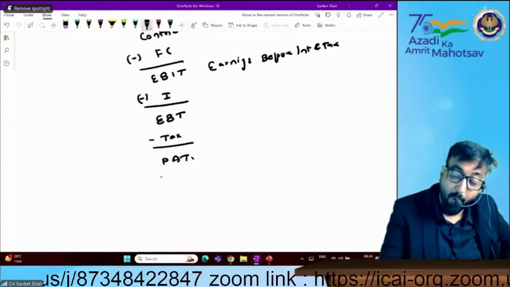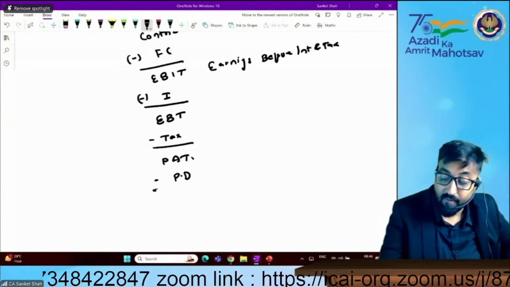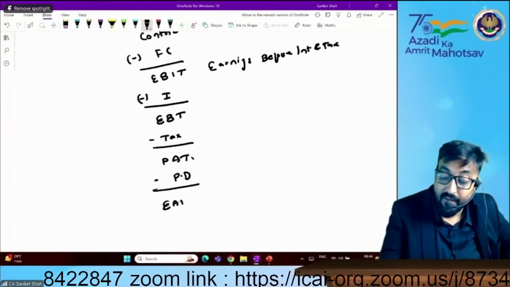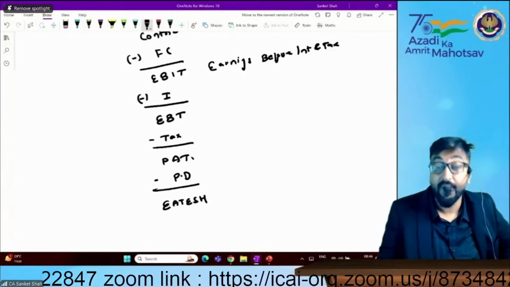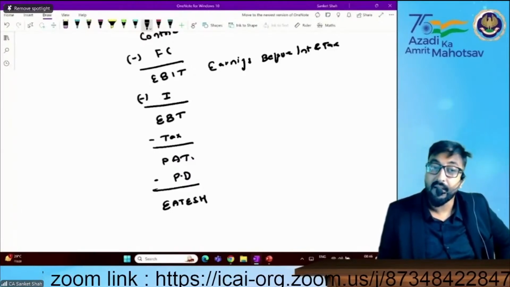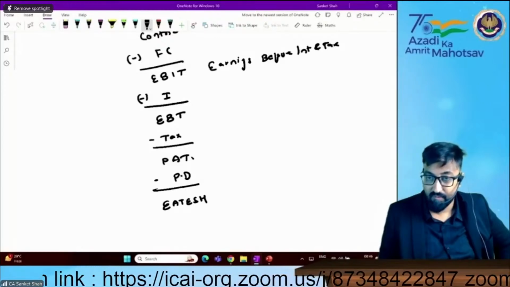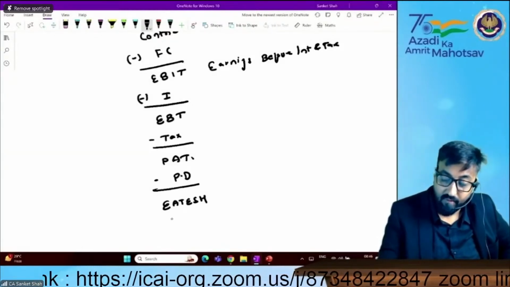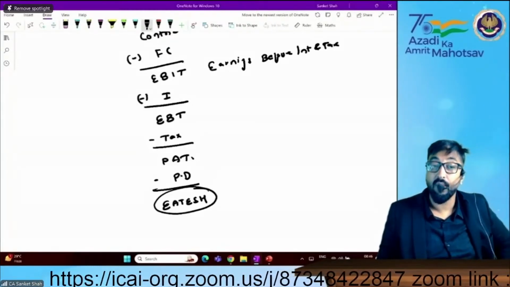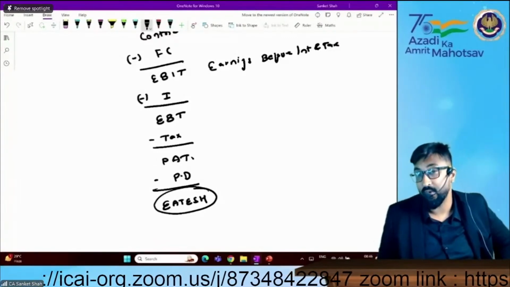And from profit after tax, you will deduct preference dividend to get earnings available to equity shareholders. These earnings available to equity shareholders, EAES, are actually total earnings for shareholders.